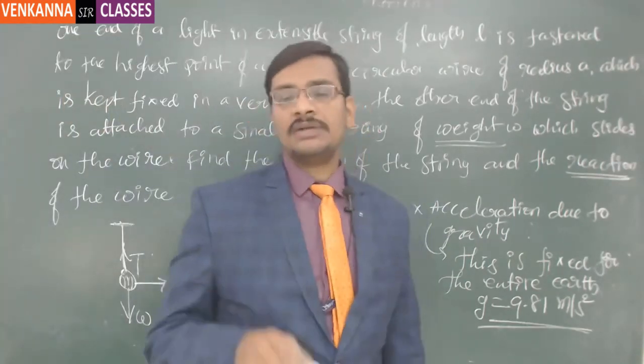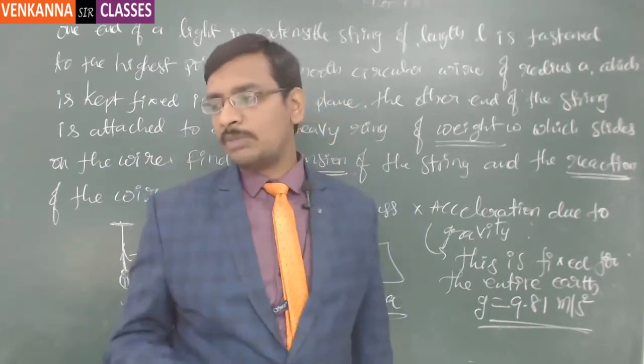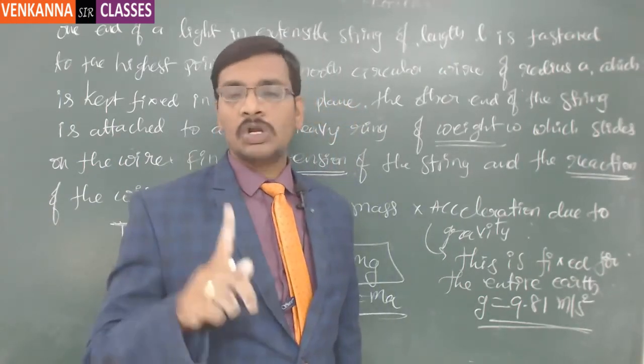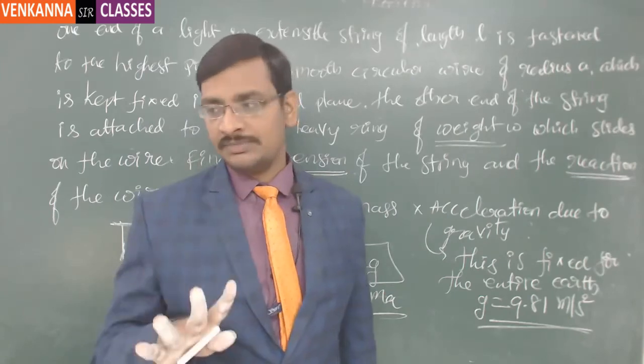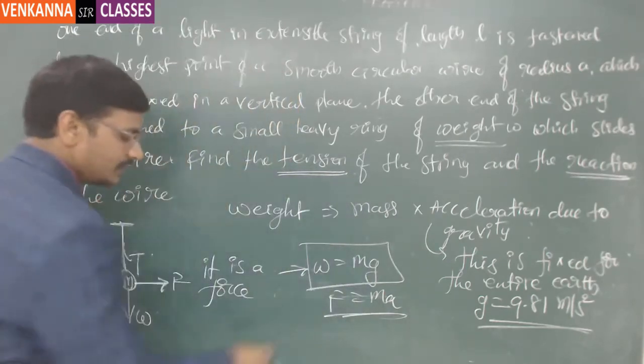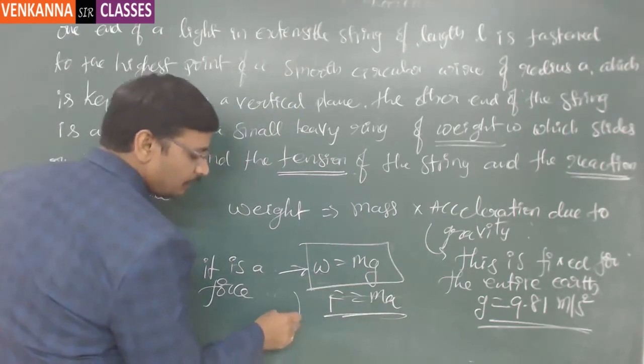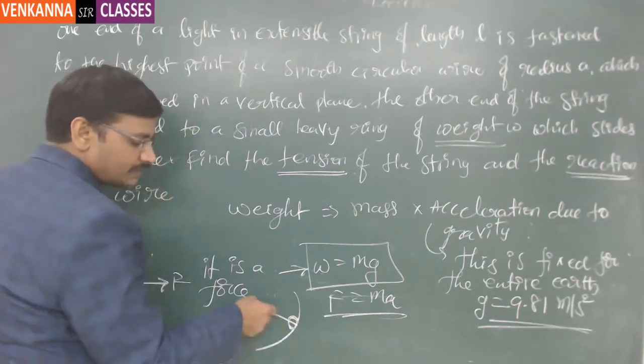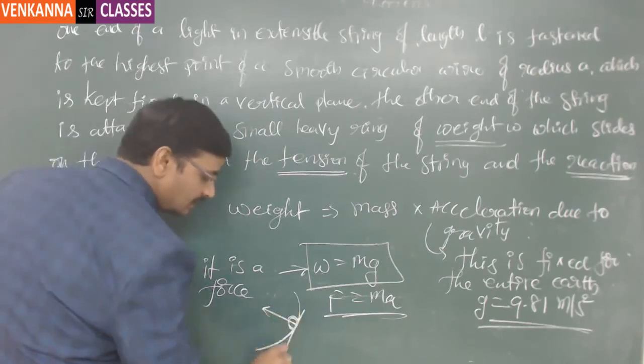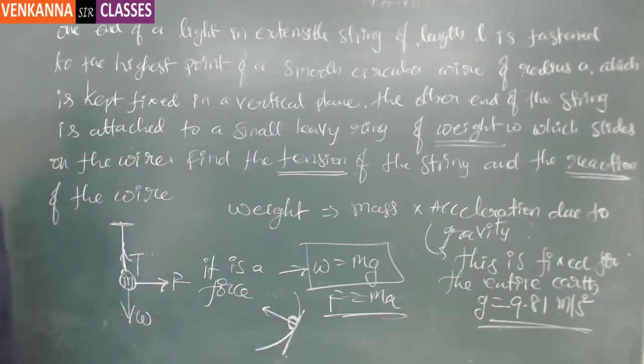As a blind rule, you always remember that the reaction is exactly perpendicular to the surface on which the body stands. If there is a surface like this, and a body present at this particular point, then the reaction will be exactly perpendicular to the tangent at this point. Got it?